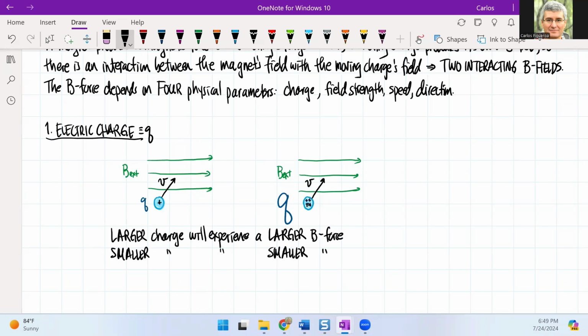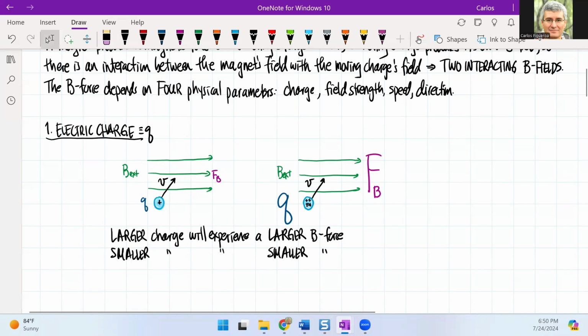In other words, even though I don't know the direction of it, we're just looking at the magnitude. Because this is a smaller charge, it's going to have a smaller field. Because this is a bigger charge, it's going to have a larger magnetic force.